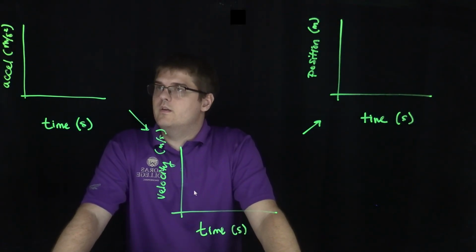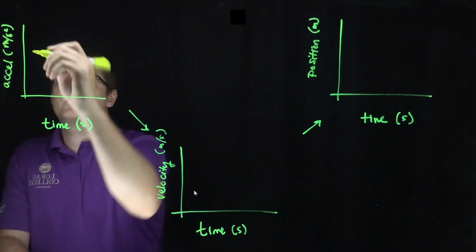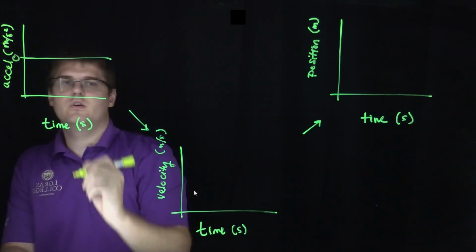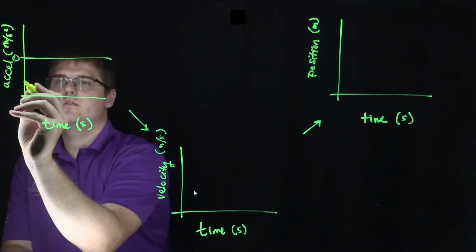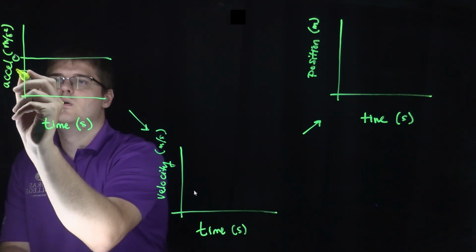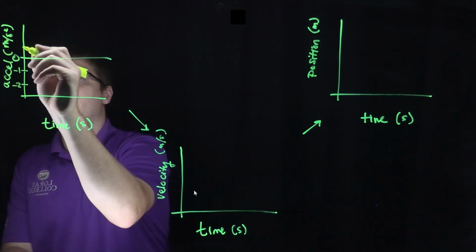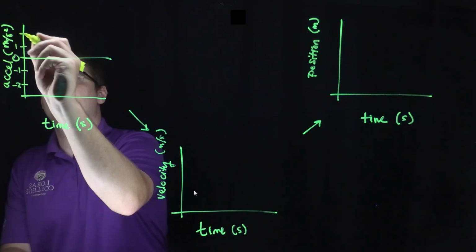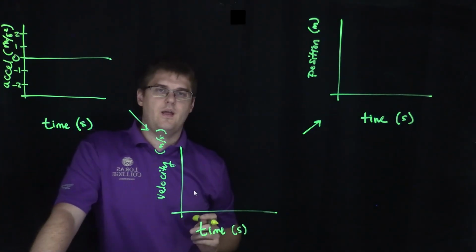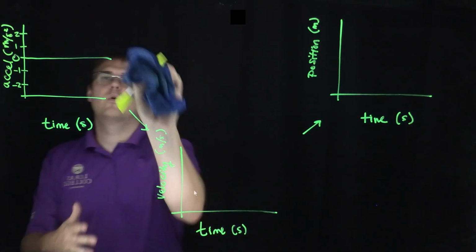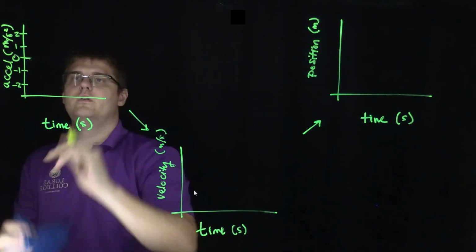Okay, so what do I want to do? Let's have something where we're going to have both positive and negative acceleration. So this is going to be 0. Let's do -1 and -2 here, and 1 and 2. And for this class, we will only have straight lines for acceleration.